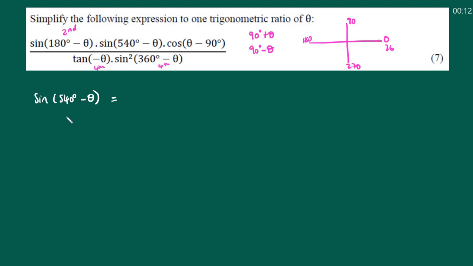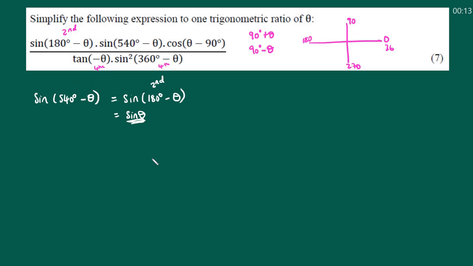So you take 540, subtract 360, you get 180. So you actually have sine 180 degrees minus theta. So it's simply saying, instead of writing 540, you're going to write 180. So now that it's like this, I can identify the quadrant. Now I know that it is in the second quadrant, and I can solve it from the get-go. Since it's in the second quadrant, sine is positive there, so I can simply say this is sine theta already. This is for sine 540 minus theta.